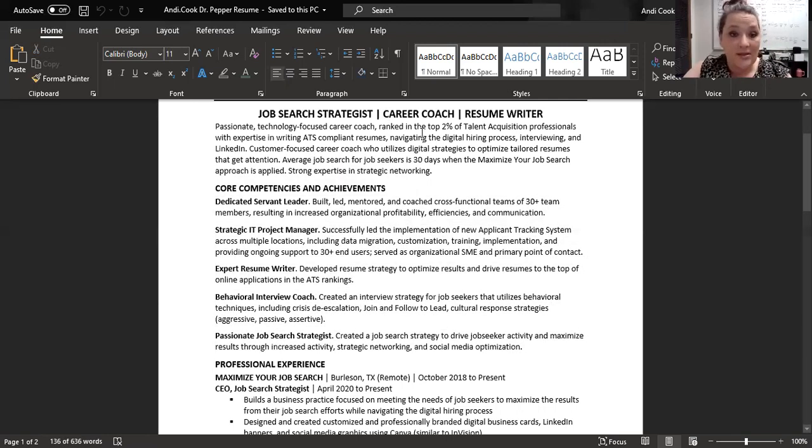I might make some edits to my summary at the top, but then I don't have to change every single bullet point, because every single core competency should be supported by evidence. So what is my claim to being a dedicated servant leader? By building and leading and mentoring and coaching cross-functional teams of 30 people or more, right?